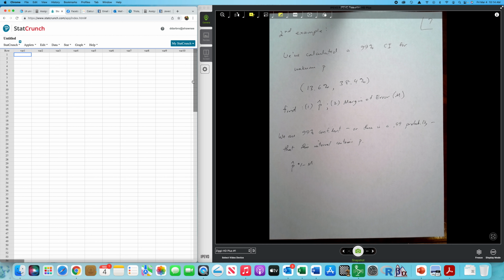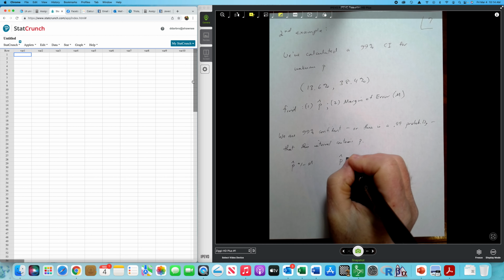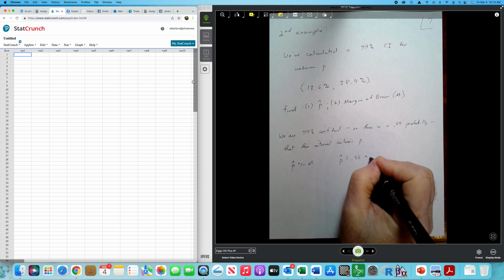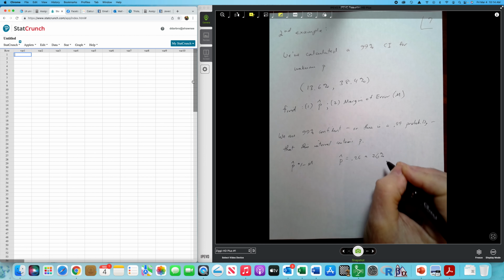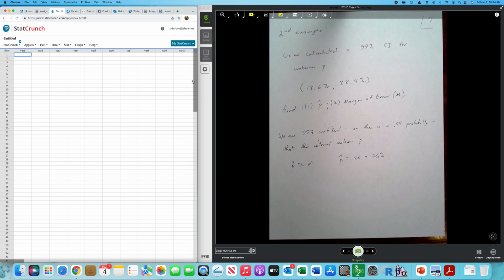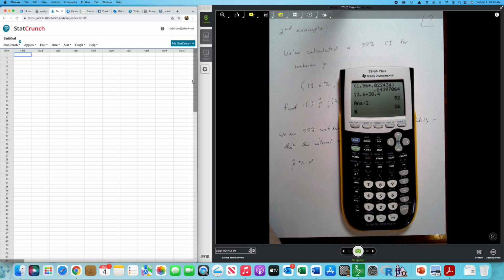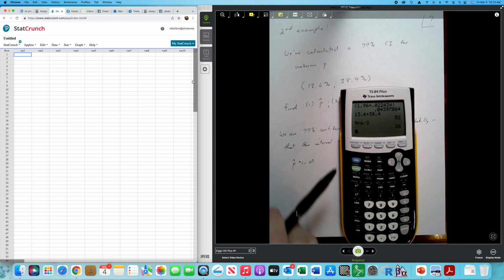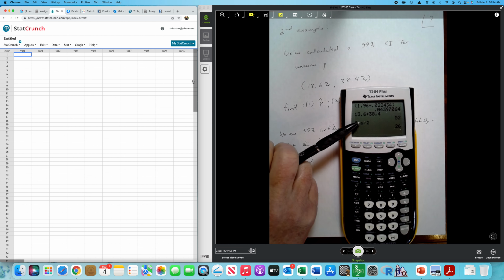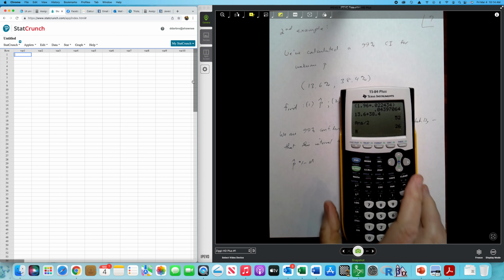All we have to do is just take 13.6 plus 38.4, just find the average of the two numbers. So my P hat has to be 0.26 or 26%. And this is all I did. I just added the two numbers, divided by 2, and I got that.